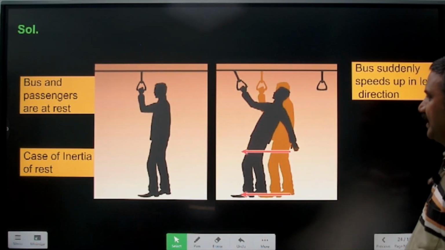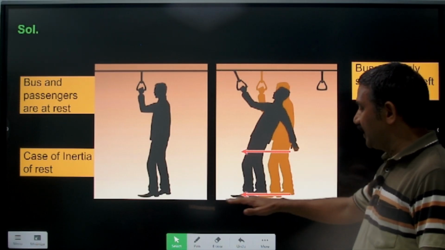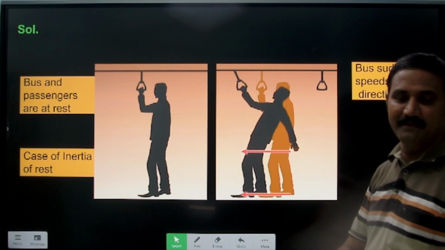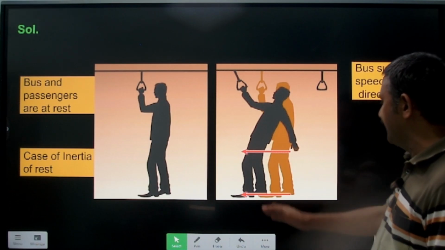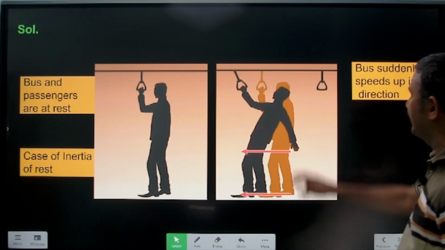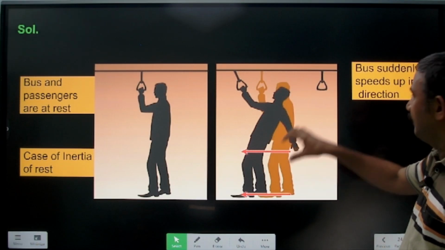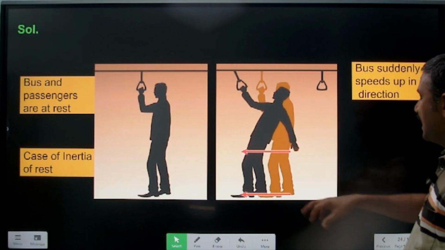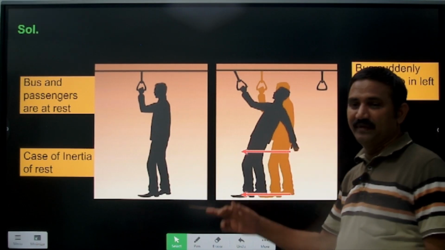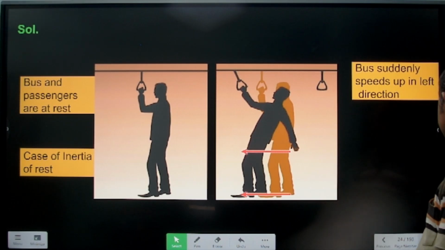Now the bus moves, and the contact point between the bus and the man's foot moves in the forward direction. The topmost part of the person is at rest while the lower part of the person is moving. That's why the person falls in the backward direction.